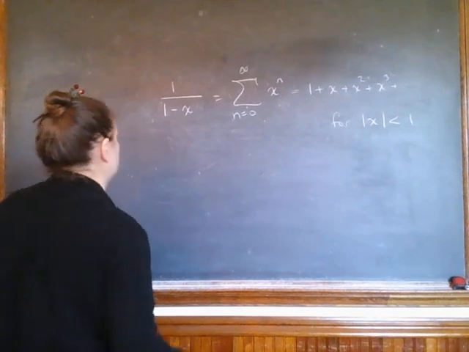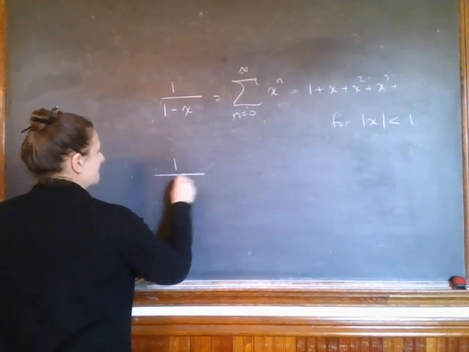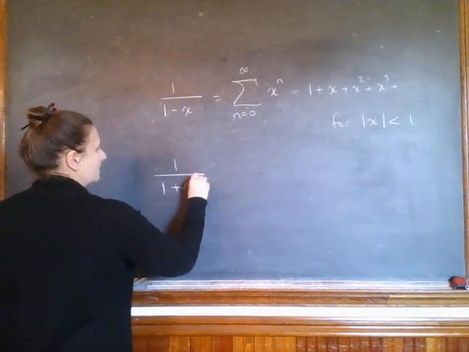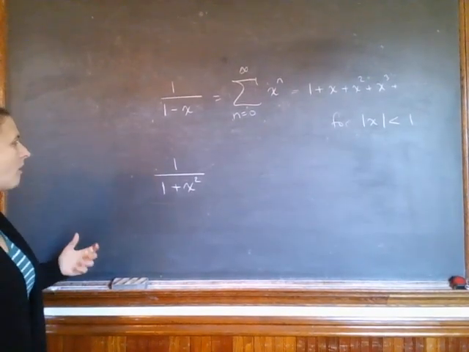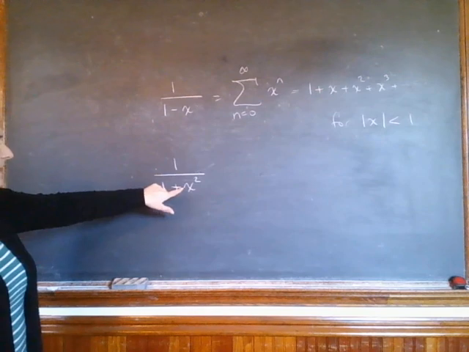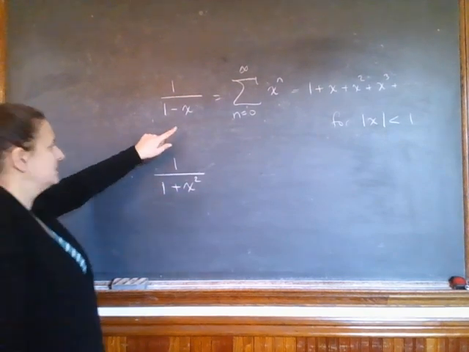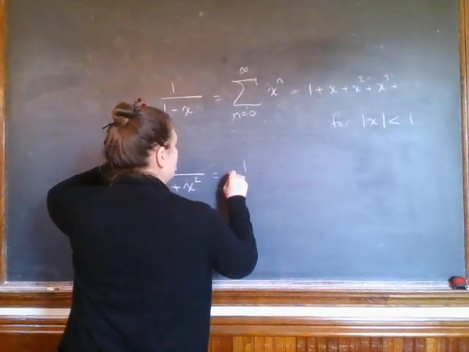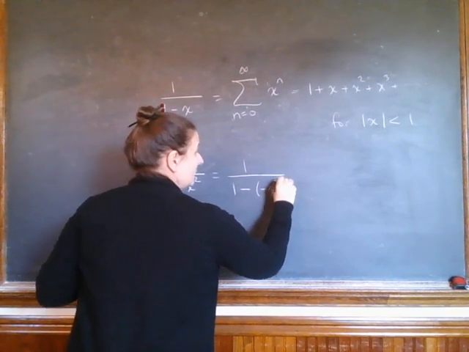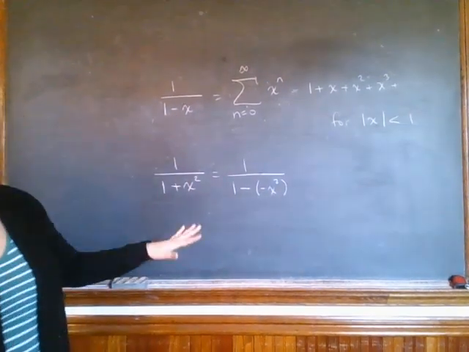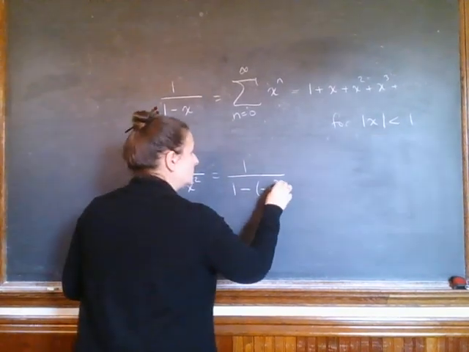Let's say I want to do 1 over 1 plus x squared. Well, this is actually like 1 over 1 minus negative x squared, right? I'm going to write it there explicitly so you can see.